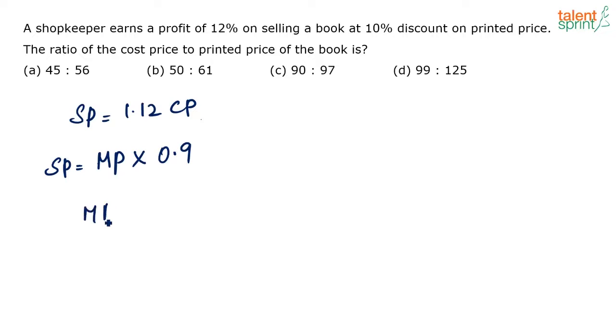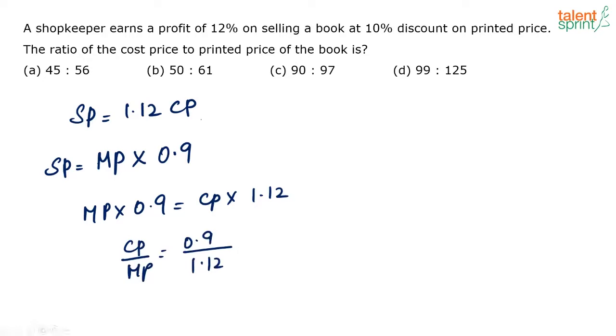So I can say marked price into 0.9 is equal to cost price into 1.12, or the ratio between cost price to marked price is equal to 0.9 by 1.12, right? That is 90 by 112. 2 will go in both, right? You can write it as 45 by 56.